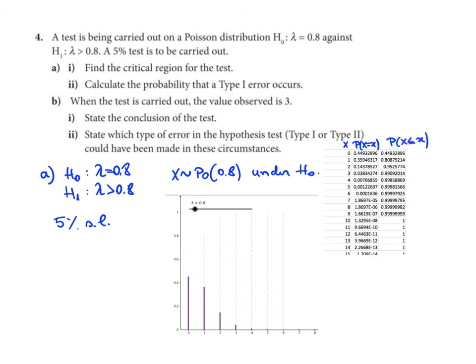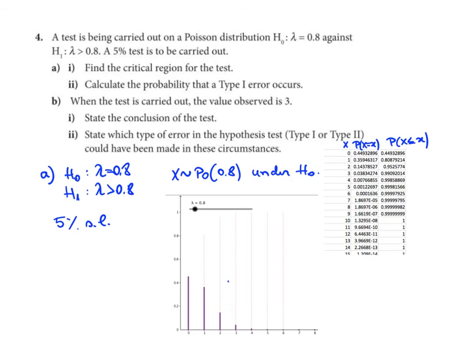So we want a 5% significance level to the right. So we look to the right, at which of the probabilities add up to 5%. Therefore, if we want 5% to the right, we want 95% to the left.